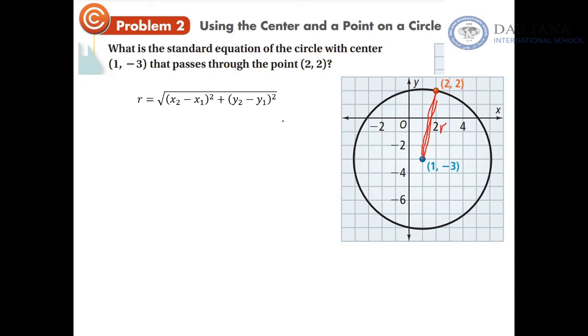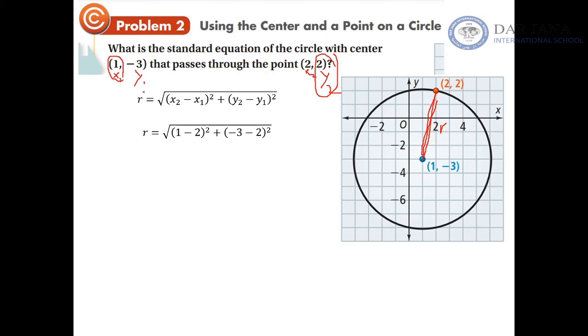It doesn't matter which point you use as 2 and 1 as long as you are consistent, which means if you chose this one to be x2, then this one is y2. If this is x1, this is y1. You cannot tell me that this is x1 right here and this is y1 right here. It doesn't work this way. You have to be consistent in choosing the points.